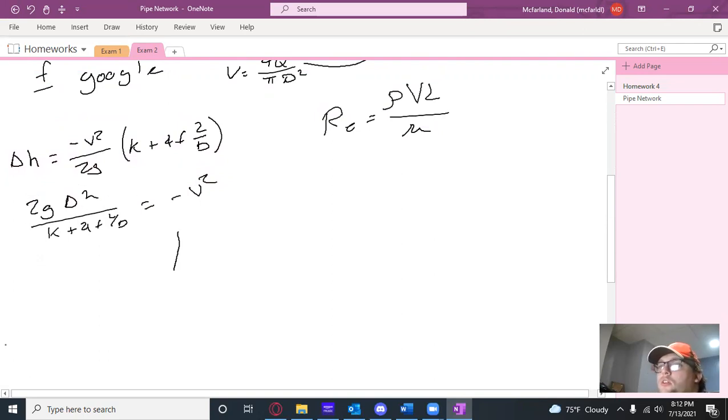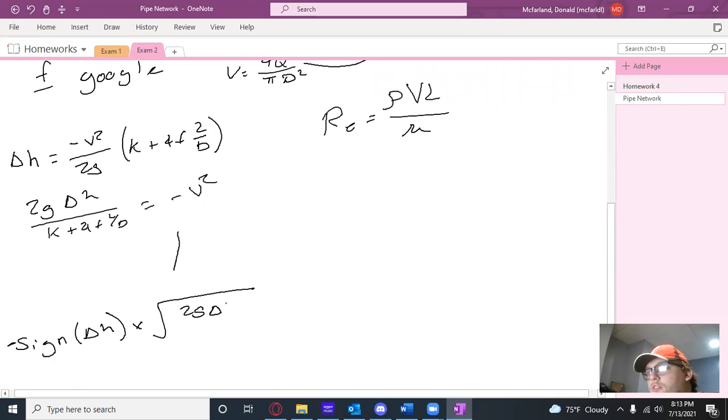So what we're going to do is take the negative sign of delta H, and multiply it by the square root of 2g delta H over K plus 4 times F times L over D. That's an F, not a plus. That's going to be equal to our velocity.